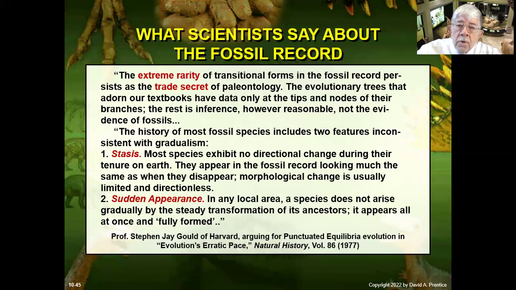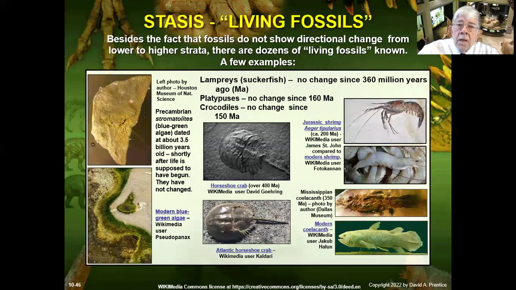So as I mentioned before about Stephen Jay Gould, he talks about the extreme rarity of transitional forms, the fact that they don't change, they appear suddenly. So besides the fact that the fossils don't show directional change from lower to higher strata, there are dozens of so-called living fossils known.